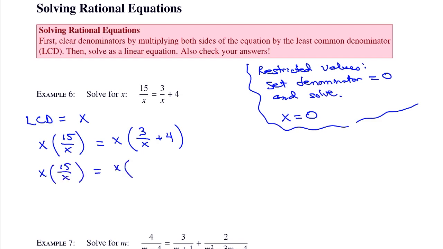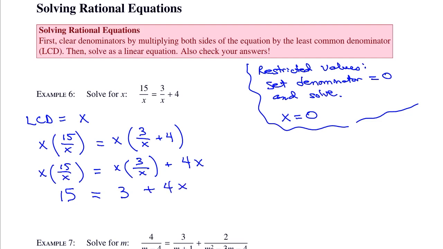We get x times 3 over x plus x times 4 is 4x. And now we cancel the denominators. X divided by x cancels on the left, so that's 15. X divided by x on the right side also cancels. That's a 3 plus 4x.